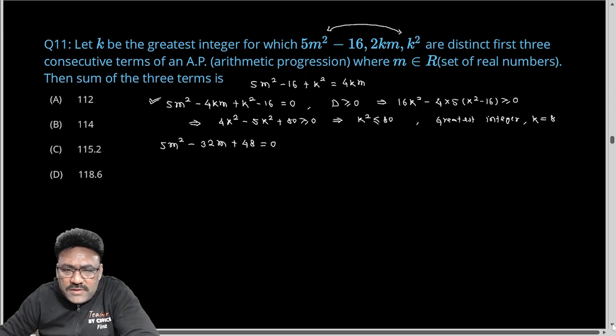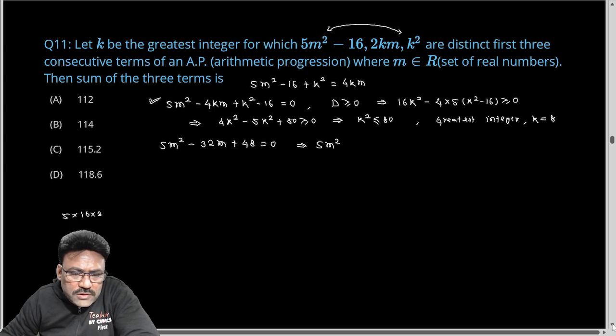Now can I factorize it? So I can write it as 5m square. These 5, 16 into 3, 48. And 16 further can be written as 4 into 4. So 5, 4, 4, 3. So 5m square minus 20m minus 12m plus 48.